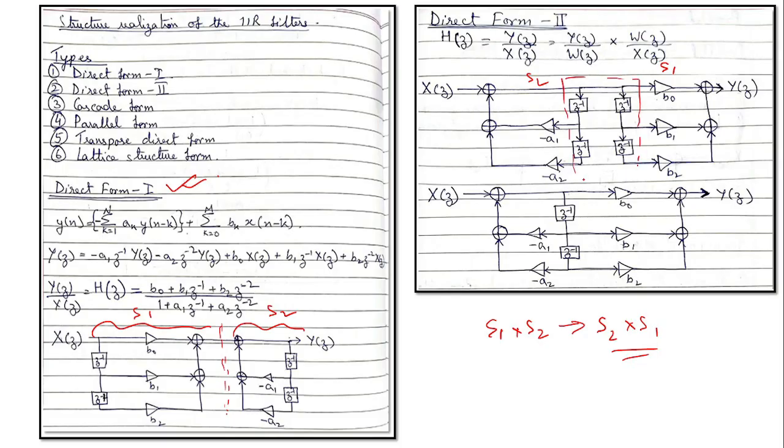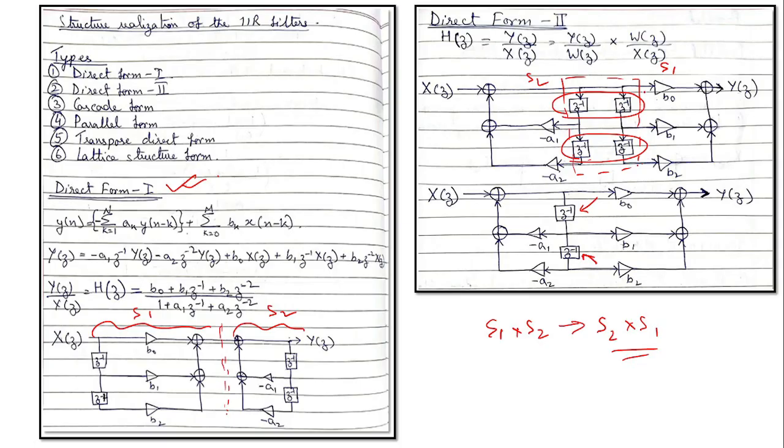Now when we have done this, if you see, these Z inverse terms have come near to each other. These are all delays basically. So in direct form 2, we can combine these two Z inverse terms, and combining 2 we will be getting 1.